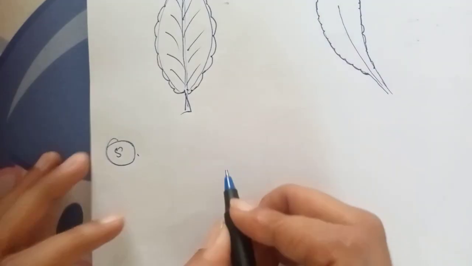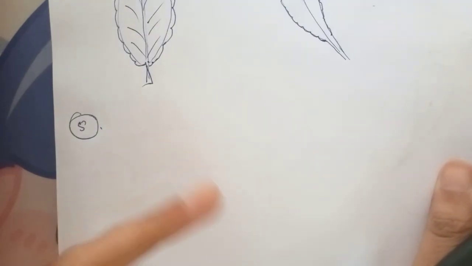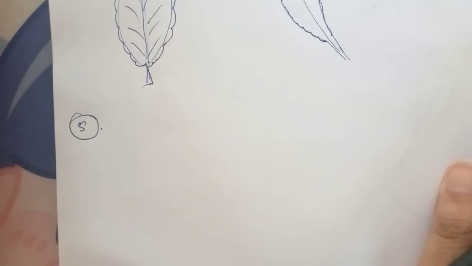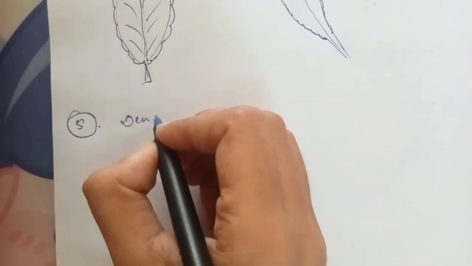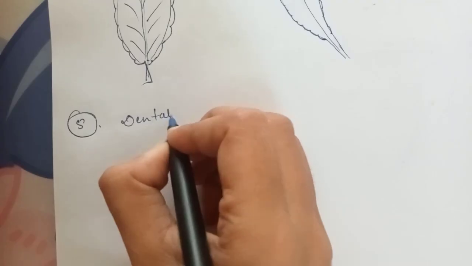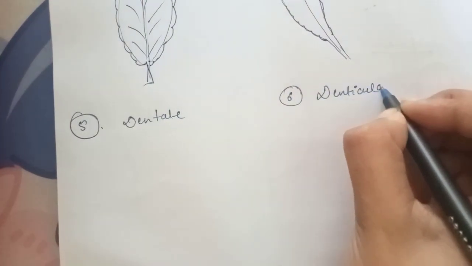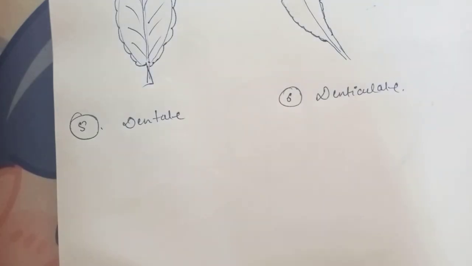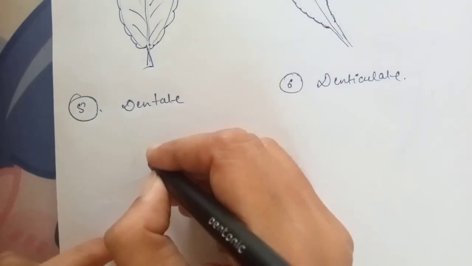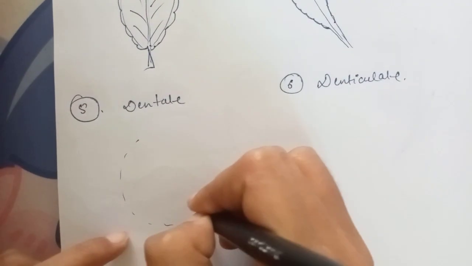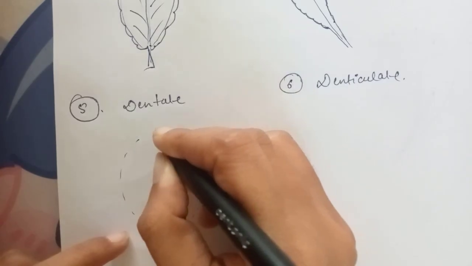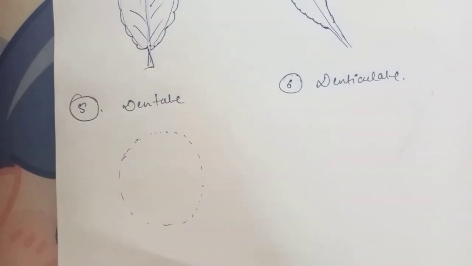The next margins we are going to talk about are the two most commonly encountered terminologies, that is dentate and denticulate. Let us understand the differences between dentate and denticulate. Dentate, let me draw a disc shaped orbicular leaf.